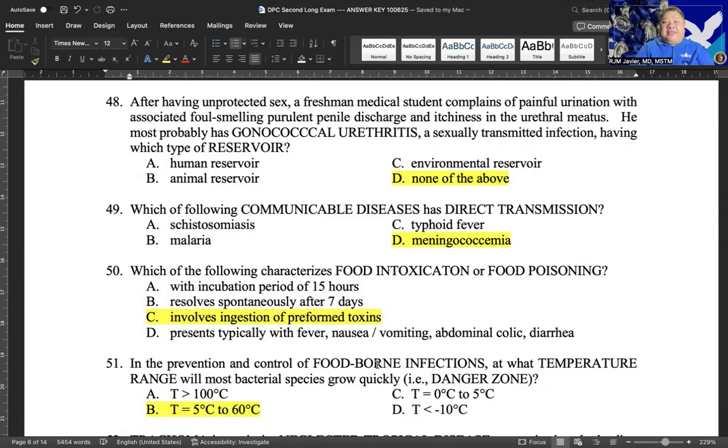This is basically the reason why, when we talk of sexually transmitted infection, it is through the sexual intercourse that the etiologic agent is passed on to the next susceptible person. Therefore, there is no reservoir involved in transmission of most sexually transmitted infections, including your gonorrhea or your gonococcal urethritis.